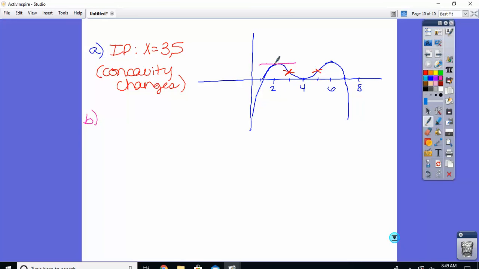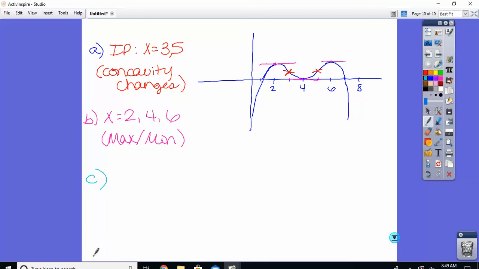So that would be right here, here, and here. Because the derivative at those points would be 0. Is everybody following that?